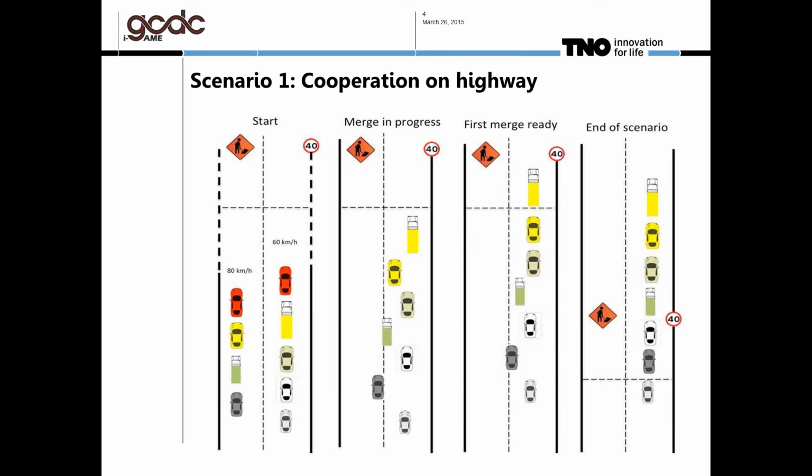Although Bastian already explained about the scenarios, I would like to show you some pictures and how these scenarios look like. For cooperation on highway, we have 2 platoons driving the highway, and on 1 lane we have a closure of the road. So the platoon which is on the left lane has to merge within the platoon on the right lane. And that should be done through cooperation among both platoons.